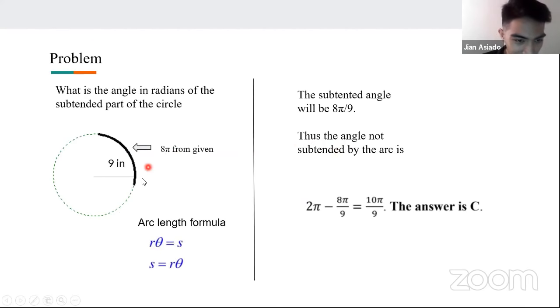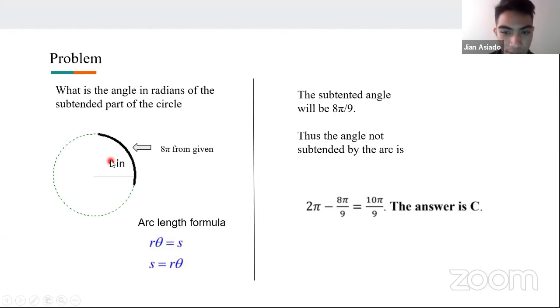Ito lang pala yung inabot nung ni-recycle niya. Parang 1/4 lang ata ito, o wala pang 1/4. So kailangan pa niyang bumili ng madaming bakal. So ito naman, basically the question is the subtended angle daw.